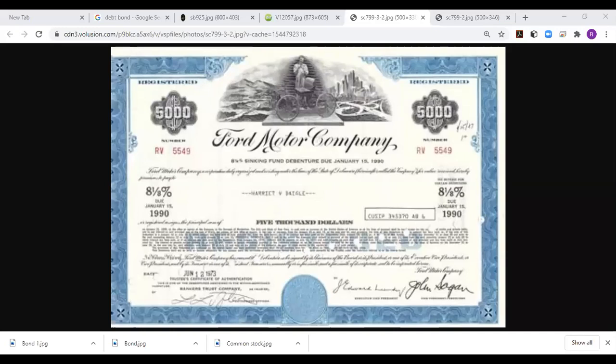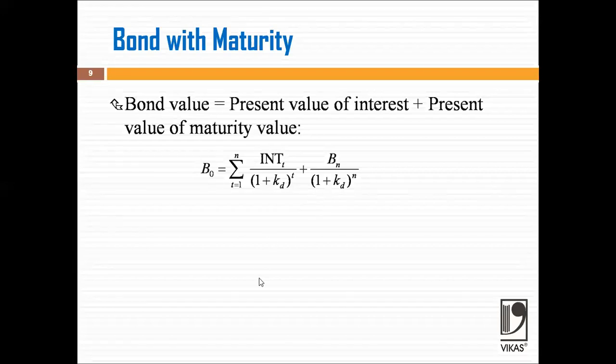In simple terms, I will show you a simple way of calculating the value of the bond. B naught is the value of the bond today, the sum of interest at time t. If it is a 10 year bond, you will get interest for 10 years, year 1, year 2, year 3, year 4, like that.